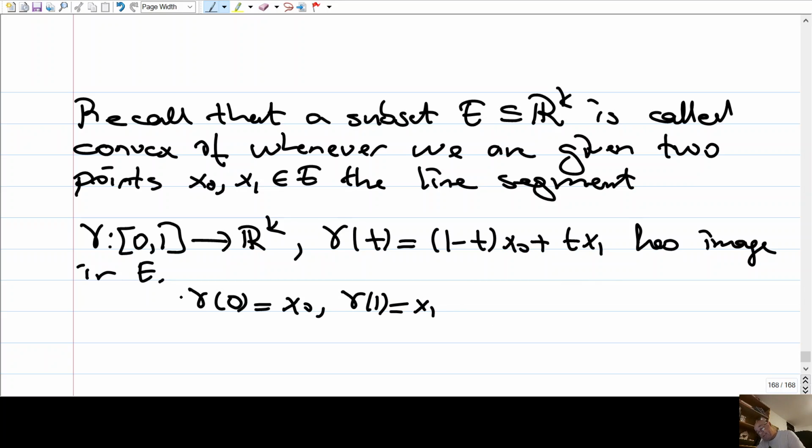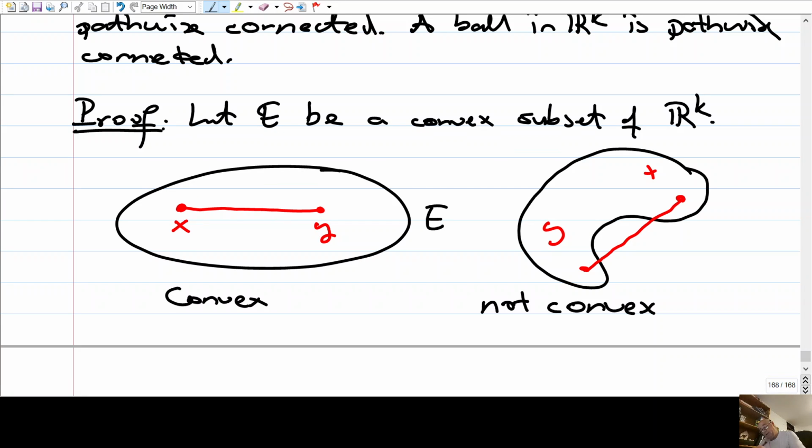So this is the line segment joining these 2 points.